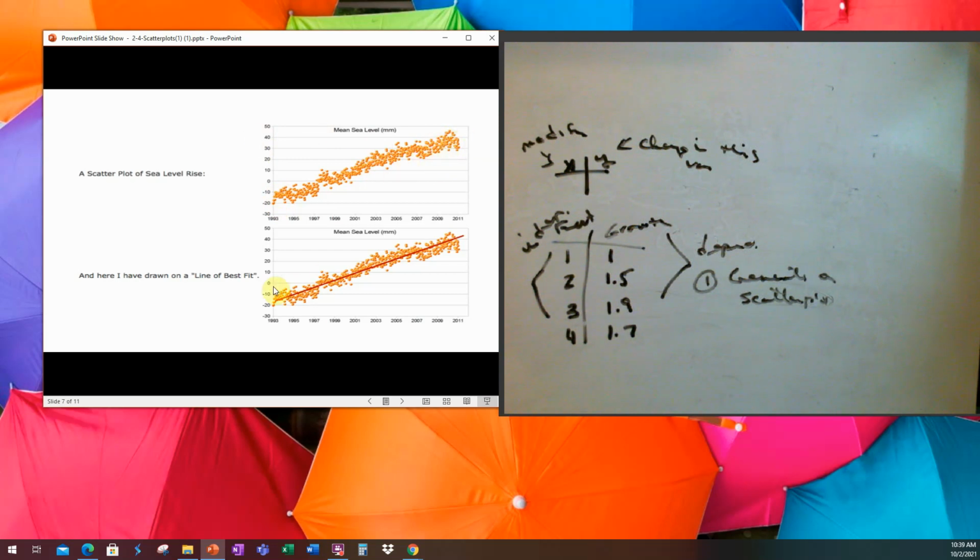So if we try to do a trend line, a line of best fit would try to go through the center of all of this data, where the positive errors and the negative errors would minimize and make it a best fit type of line. Out of all the other lines, one down below, one above, out of all the possible lines, this one is hopefully the line of best fit. It minimizes the error.